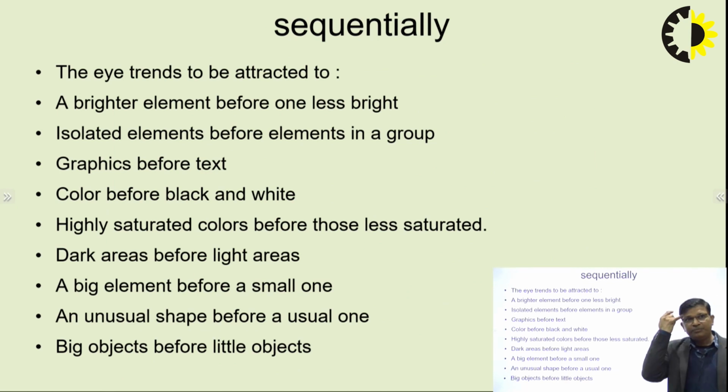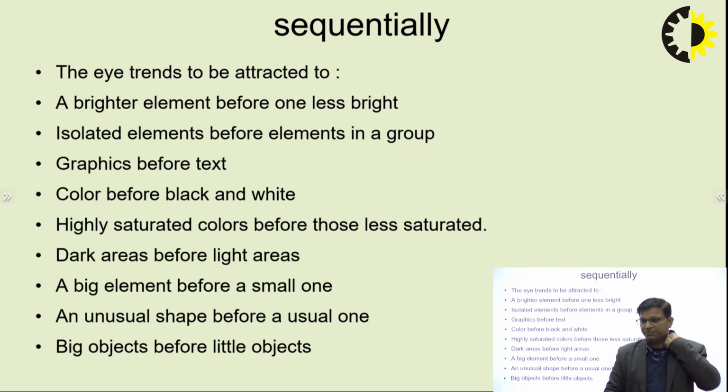Sequentiality. Sequentiality means everything will be in sequence. There is a sequence: this step should be followed first, and this step after the first step. So the sequence is very important. The eye tends to be attracted to a brighter element before a lesser bright one, an isolated element before elements in a group, graphics before text.